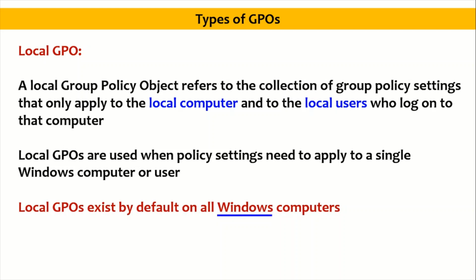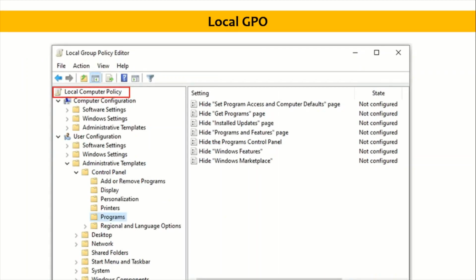And local GPOs exist by default on all Windows computers. And this is how it looks. If you look at the left and top, it's Local Computer Policy, and we have Computer Configuration and User Configuration. We will be dealing with the computer configuration and user configuration in upcoming slides. So this is the local GPO.